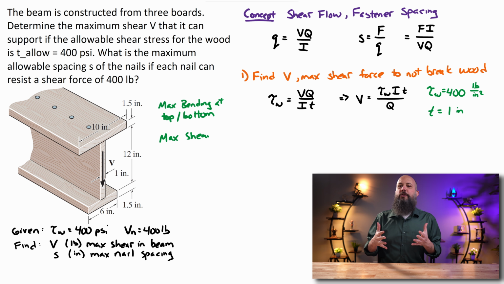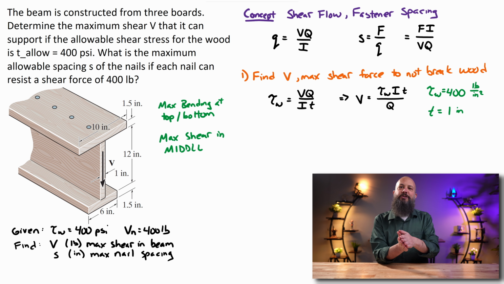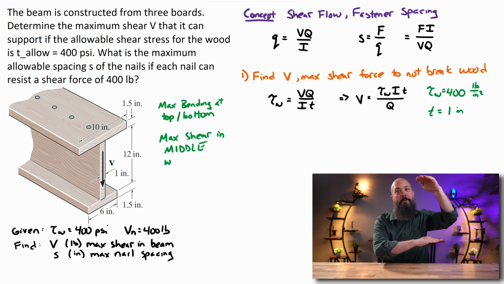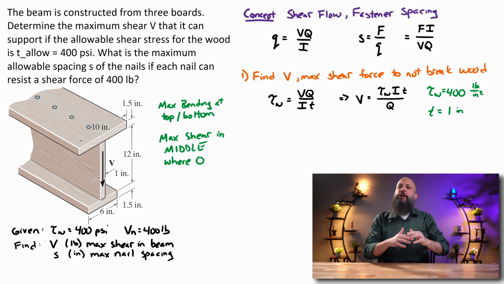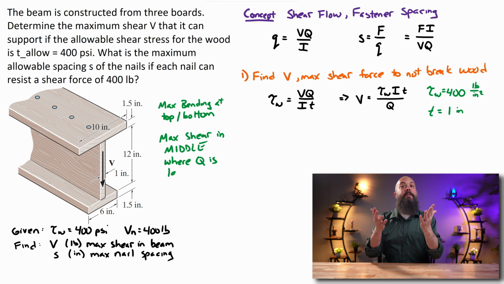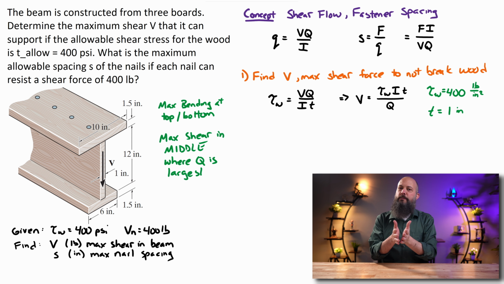When a beam fails due to bending, the maximum bending stress is always going to be at the very top or the very bottom of your beam. Shear is exactly the opposite of that. The maximum shear is going to occur right in the very middle. The reason for this is that's where you are separating the most amount of area.